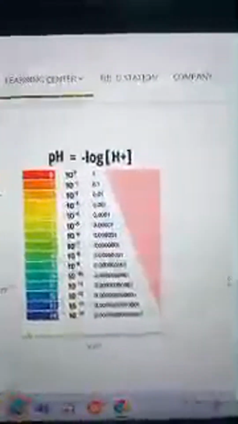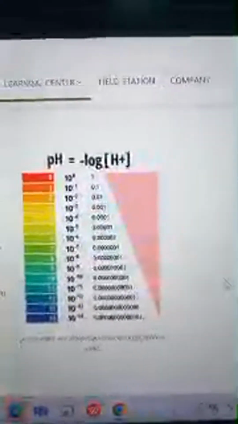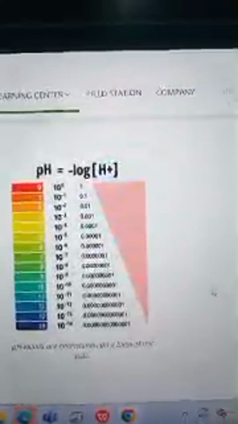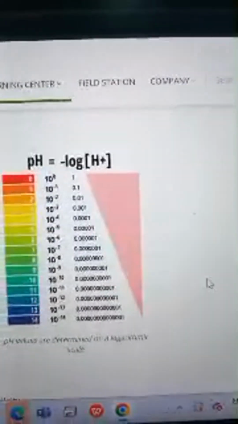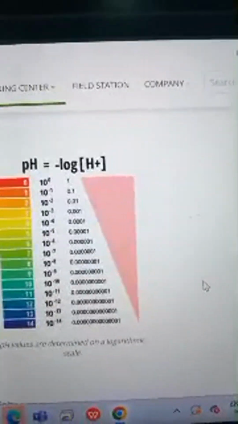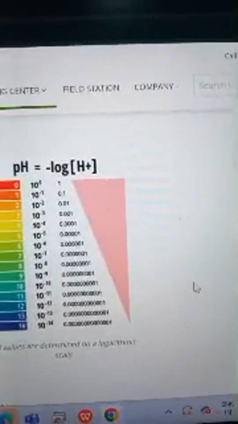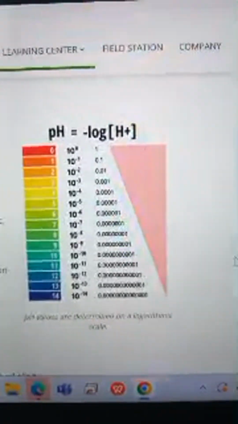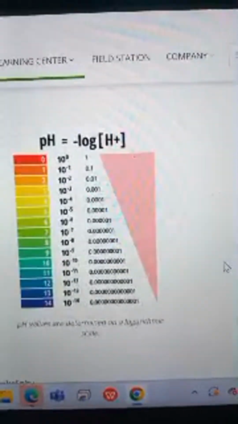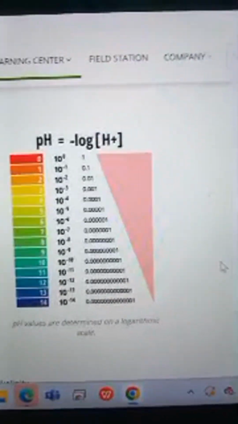This unit is equivalent to the negative logarithm of the hydrogen ion molar concentration in the solution. Depending on the accuracy of the measurement, the pH value can be carried out to one or two decimal places. So this is the chart.